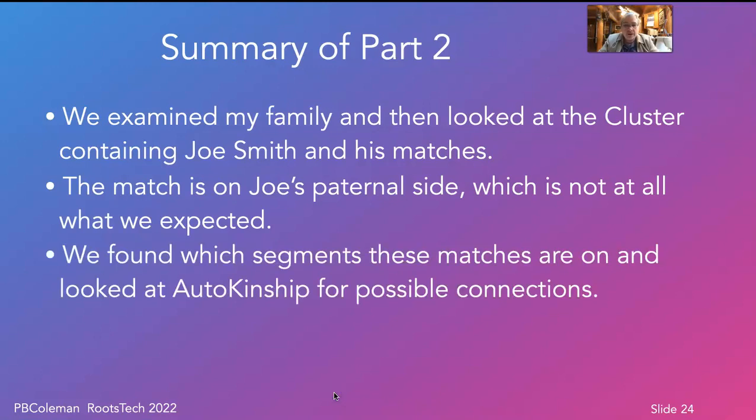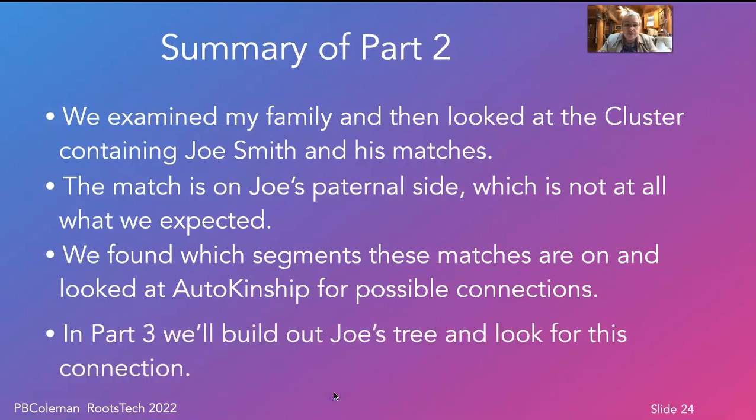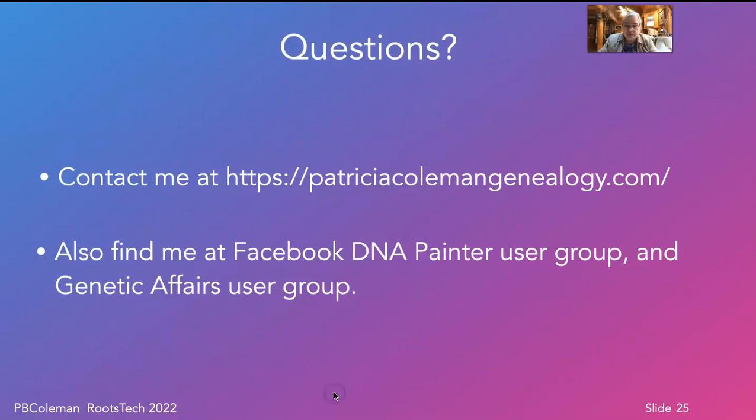We found which segments these matches shared with me and Trish, as well as looking at AutoKinship for possible connections. In part 3, we're going to build out Joe's tree and see if we can find the connection to his paternal side by using the Irish records to back up the family in more detail.